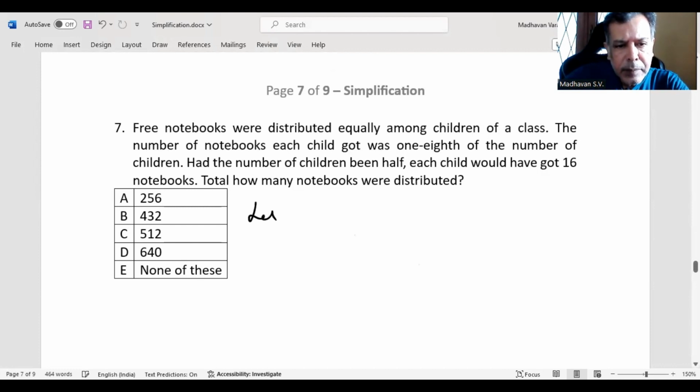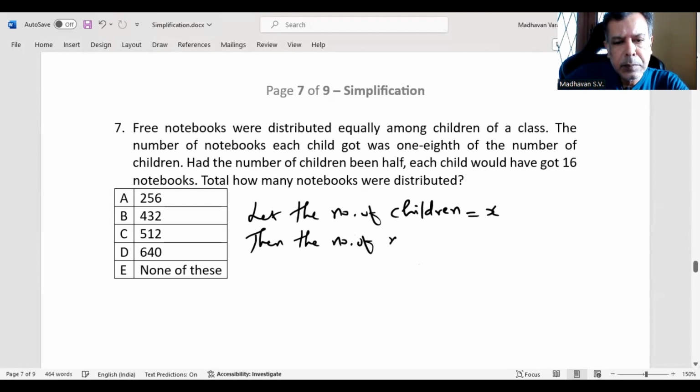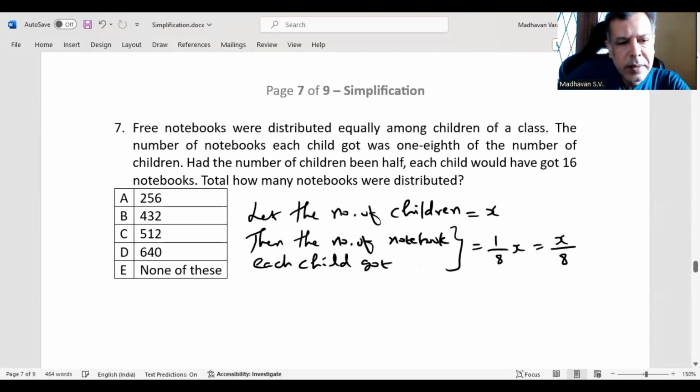So let the number of children be equal to X. Then the number of notebooks each child got is equal to 1/8 of the number of children, say it is X/8.